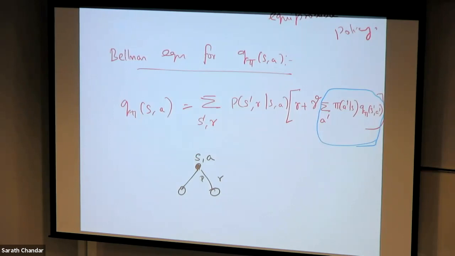Now we don't have the values of these states to back up, so we are going to compute the values of these states by considering the Q values based on pi. You consider the Q values of all the actions from the next states, and then you do the backup, all the way up to Q of S comma A. Question?